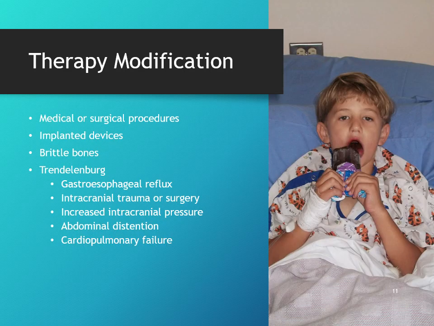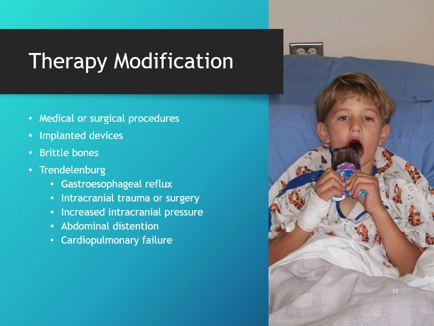There are also patients where we don't want to put them in a head down position. This includes those with gastroesophageal reflux, trauma to the head, surgery to the head or brain, and anybody with increased intracranial pressure. We also want to be careful and gentle with anyone with abdominal distension or ascites, anyone with a compromised diaphragm, anybody with uncontrolled hypertension, because yes, pediatric patients can have high blood pressure.